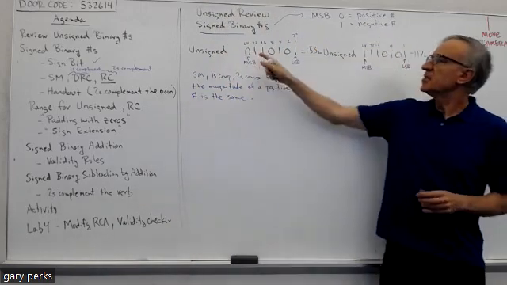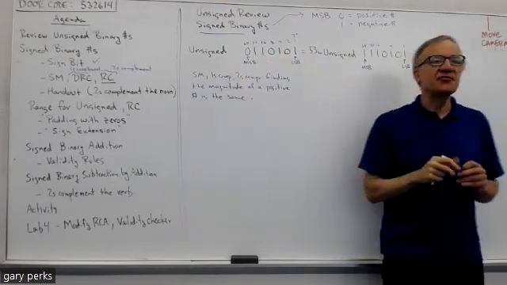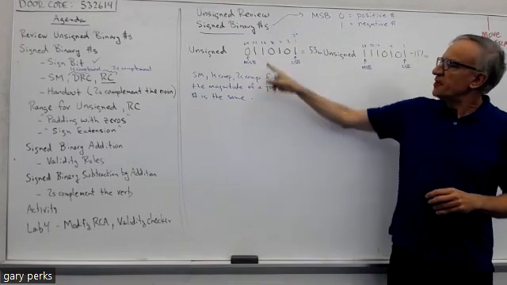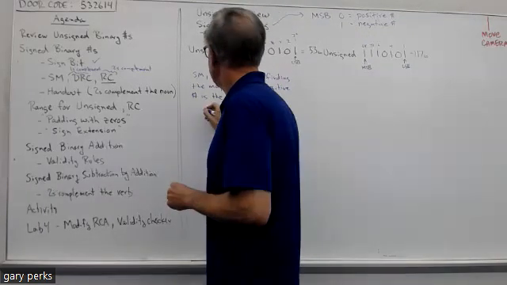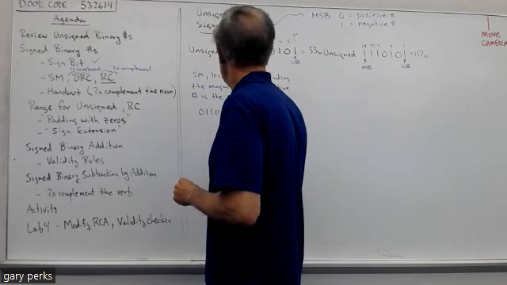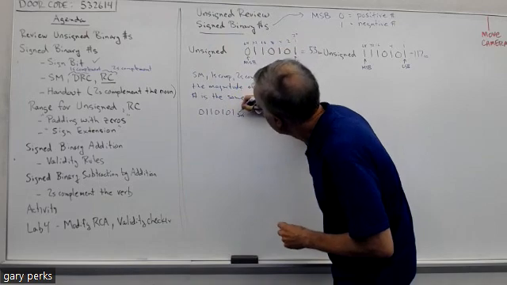Okay, so let's say we have this same string of bits here that we just figured out the value for when it's unsigned. Well, if we find the value of that same string of bits in signed magnitude, okay, so S down here for signed magnitude.